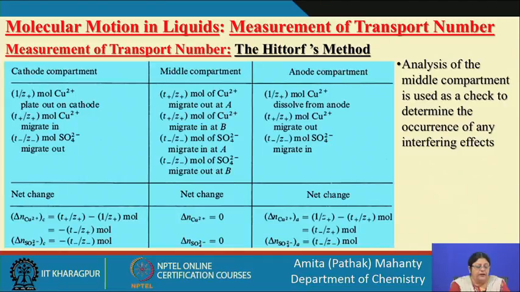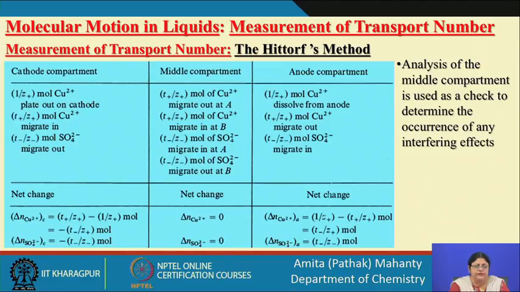Okay. Now, what happens here? Again, what we see in the cathode compartment? That means, if this is the fraction of current carried by the cation, then T plus, that is the transport number of the cation, into 1 by Z should be the moles of the copper ion which is migrated to the section A, that is the cathode compartment.